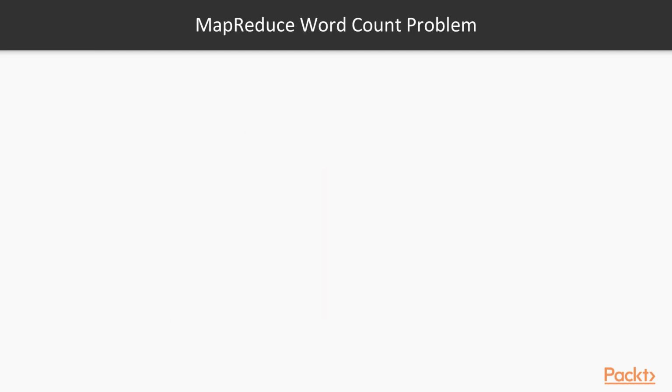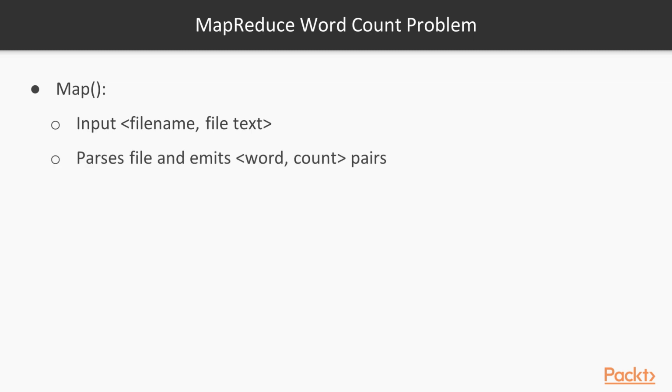So let's look at the MapReduce word count problem statement. We have a map phase, we have input where there is a file name, and inside of the file there is a text. We need to parse the file and emit pairs of word and count. So every occurrence of a word will be transformed to a tuple of word and count.